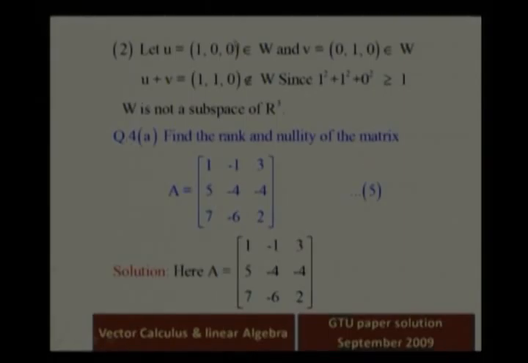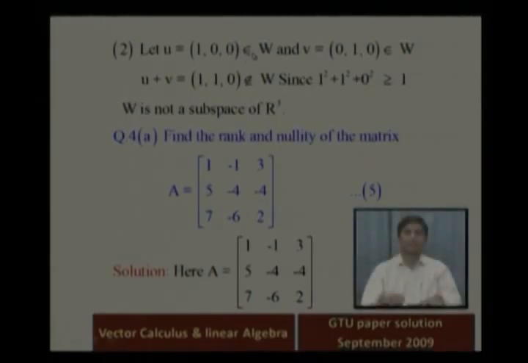Because 1 square plus 0 square plus 0 square is equal to 1, and that is also less than or equal to 1. So u equal to (1, 0, 0) belongs to W, and v equal to (0, 1, 0) also belongs to W. But if we see u plus v, that is equal to (1, 1, 0), it does not belong to W because it does not satisfy the given condition that x square plus y square plus z square is less than or equal to 1.